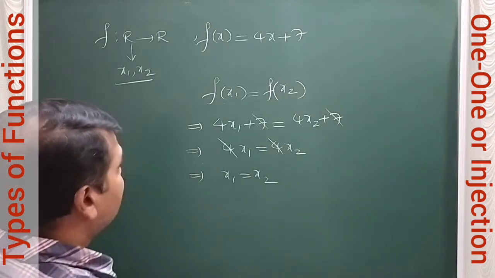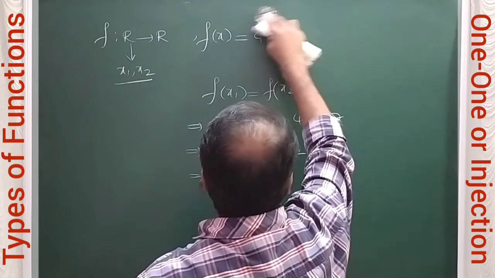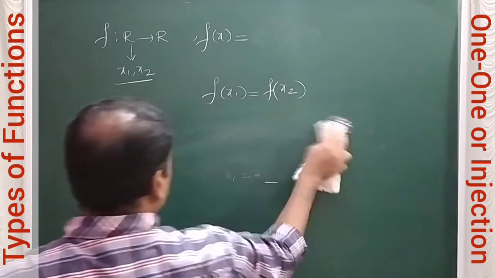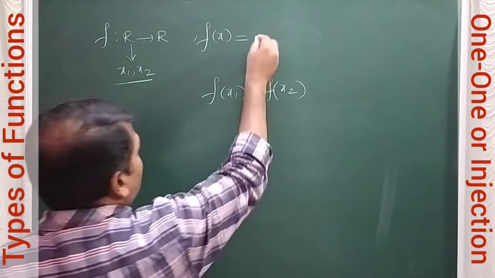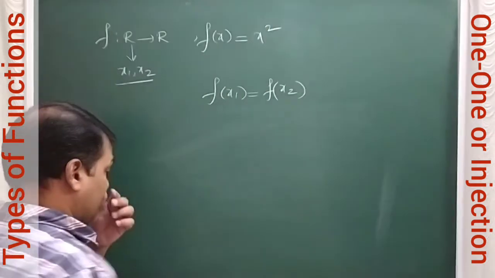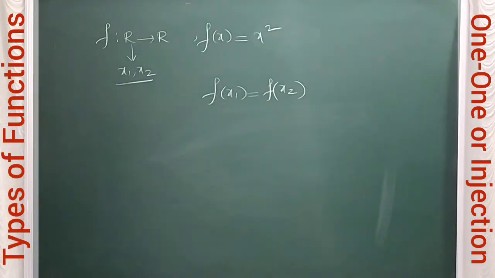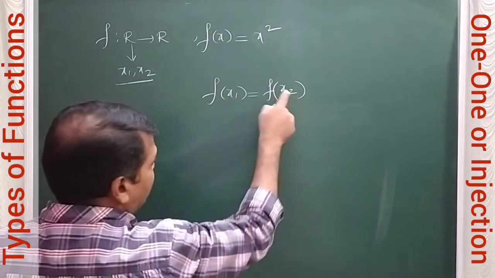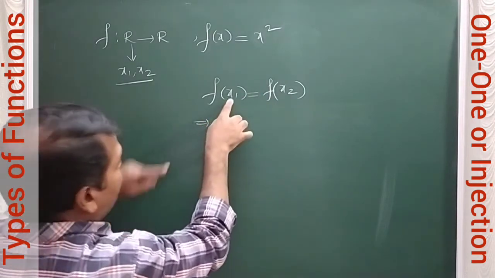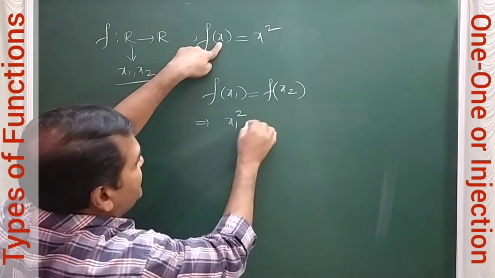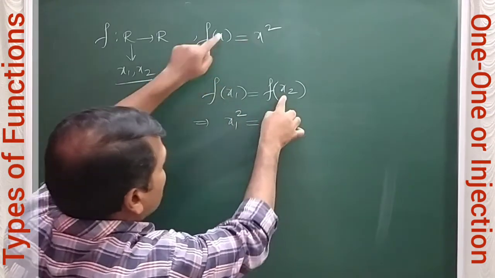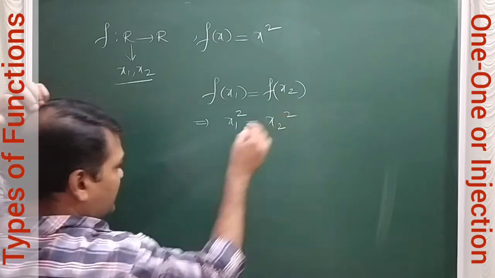Okay. For example, let me take f of x equal to x square. Is it a 1-1 function? Start the same way. f of x1 is x1 square and f of x2 is x2 square.